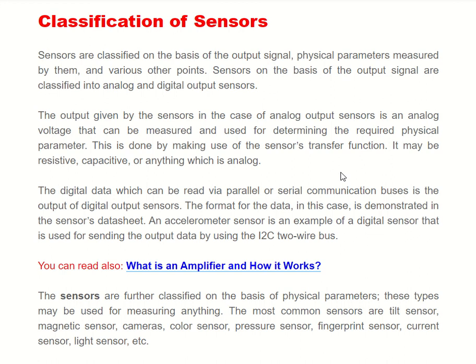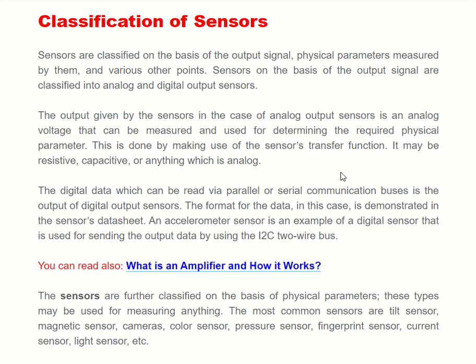After that, the output given by the sensor in the case of an analog output sensor is an analog voltage that can be measured and used to determine the required physical parameter. And how do we do it? This is done by making use of the sensor's transfer function. It can be resistive, capacitive, inductive, anything which is analog.